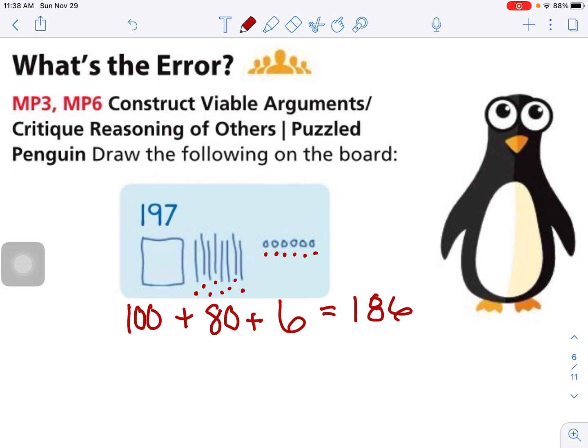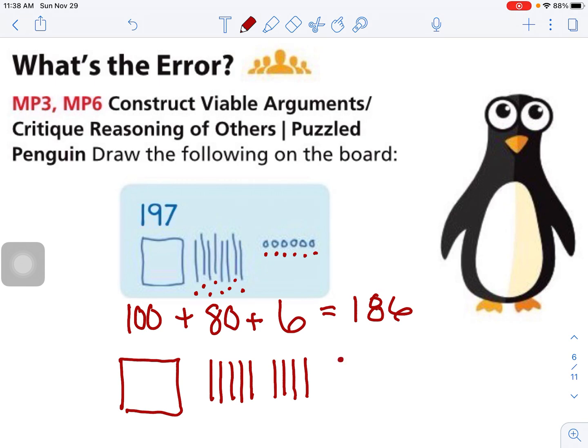I think he's right with his drawing of his 100. But then it would really help the Puzzled Penguin if he could split up his 10 sticks the way we do so we can see them easily. And I wonder if he did 10, 20, 30, 40, 50, 60, 70, 80, 90. I think that looks a lot easier to count them out. Same with the ones.